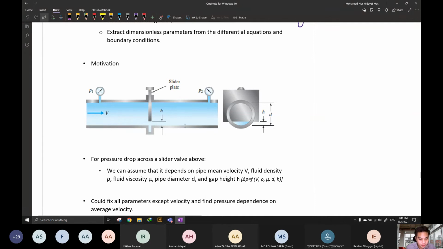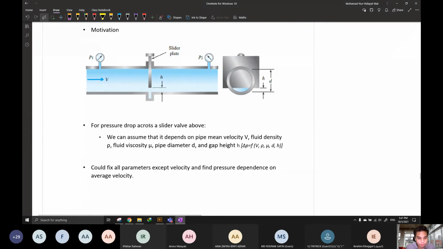Look here, the pressure drop across the slider valve drops significantly, from P1 to P2, because of this slider. So we can assume that the pressure drop depends on the pipe mean velocity, the fluid density, the fluid viscosity, the diameter, and the gap height.